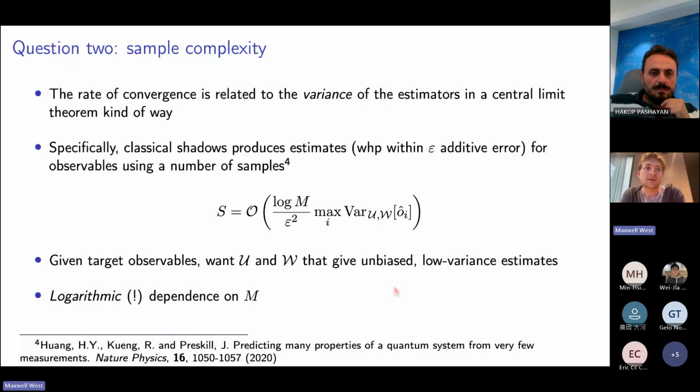The number of samples we need to take, with some high probability that's been hidden by this big O notation, to be within an epsilon error is going to be a function of the variance of these estimators. If the variance is too big, then the Gaussian is really wide, and it takes a long time to be sure that on average you're doing the right thing.